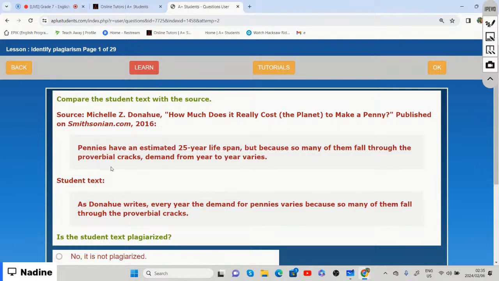Pennies have an estimated 25-year lifespan, but because so many of them fall through the proverbial cracks, demand from year to year varies.